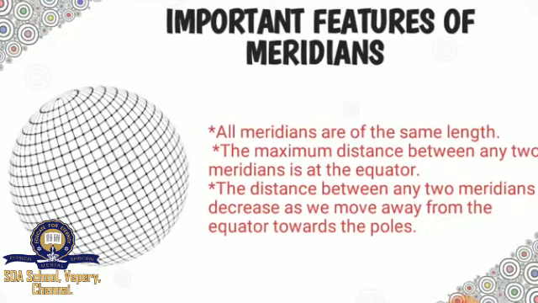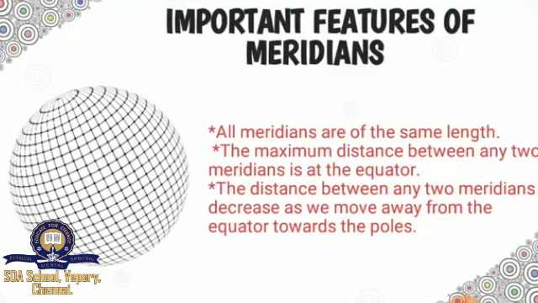The maximum distance between any two meridians is at the equator. In any angle you see the equator, it will be in the middle only.